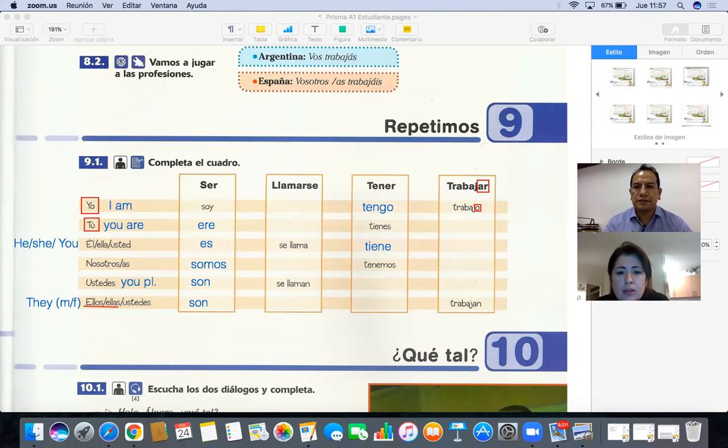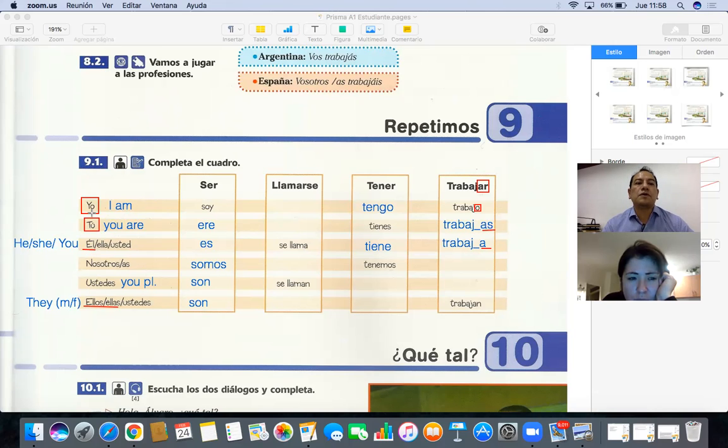Let's separate this a little bit just to make sure that we know the endings. And then él trabaja. So the ending just changes to A with AR. If you want to say he works, what you say is él trabaja, right? When you use the word él, the ending is going to be A. When you use the word tú, the ending is going to be AS.